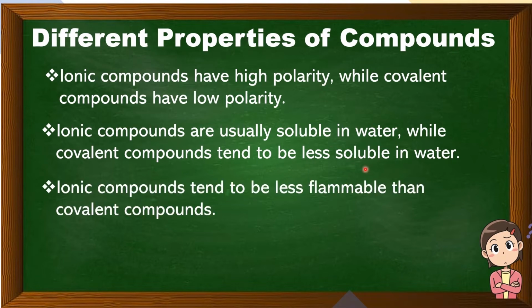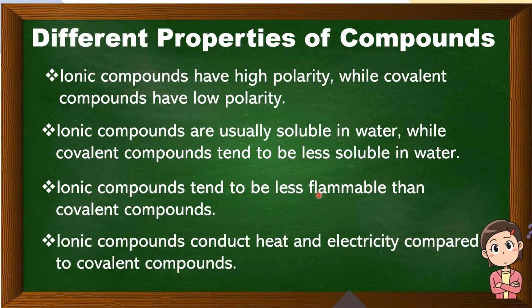Ionic compounds tend to be less flammable than covalent compounds. Ionic compounds conduct heat and electricity compared to covalent compounds. And these are the properties of compounds, so take note of these properties.